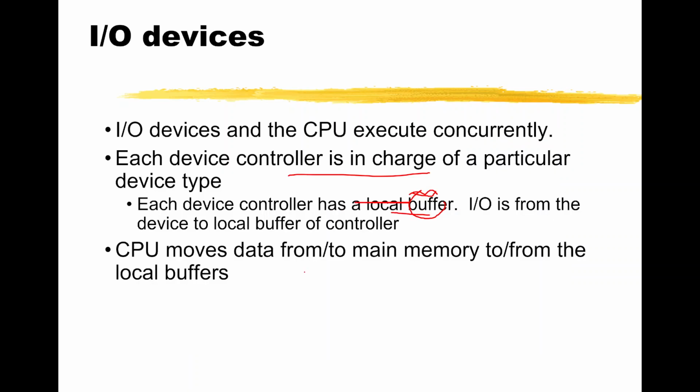So the CPU moves data from the main memory to the local buffers, and it also moves data to the main memory from the local buffers. The local buffers are faster for the CPU to retrieve data from than actually waiting to get it straight from the hardware.